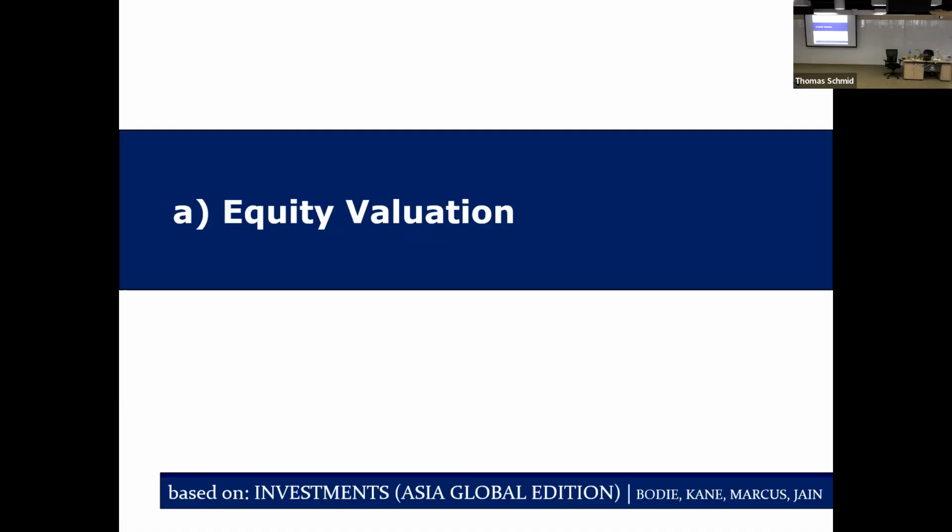Meaning, after talking about portfolio theory, we should continue with the capital asset pricing model, arbitrage pricing theory, things like that. I'm not doing that. I'm talking about applications in equity valuation now, mostly because this is likely relevant for your term project. So I want to talk about it a little bit earlier and not at the very end of the semester.